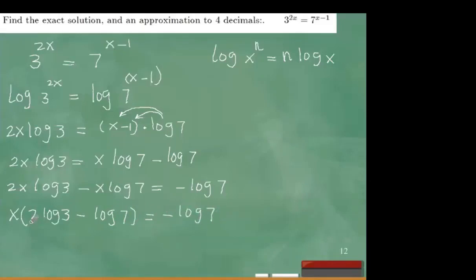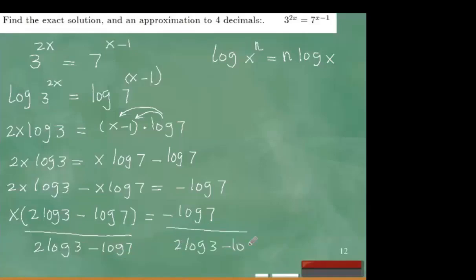Now I'm isolating x, as you can see. My coefficient of x would be what I have inside these parentheses. Again, this is just a number. Divide both sides by this coefficient, 2 log of 3 minus log of 7. And we're almost done. That would be my x.